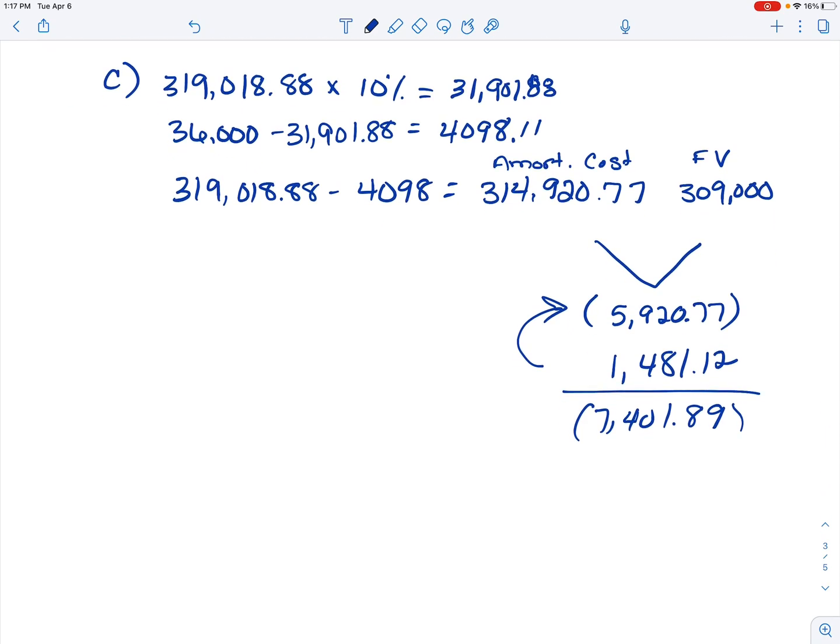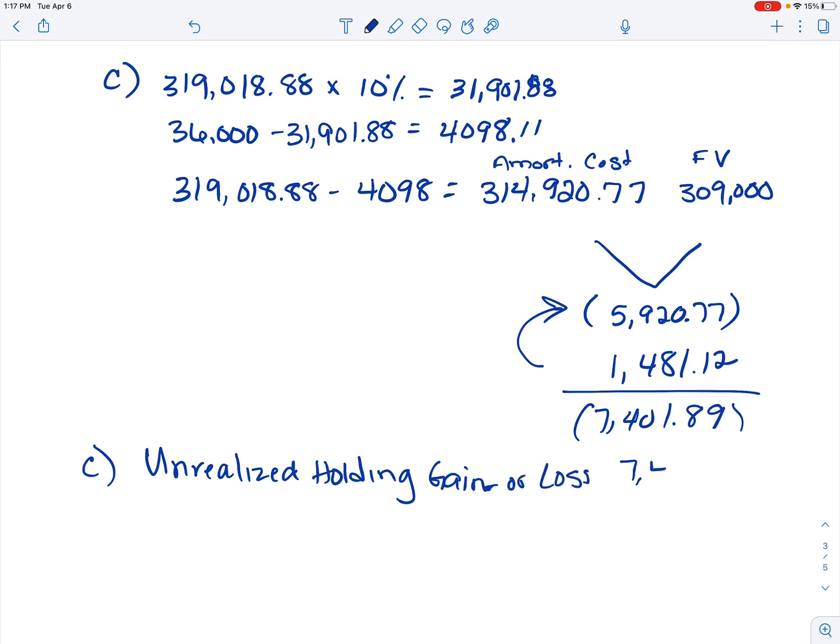That means I have to debit my unrealized holding gain or loss, again for that full 7,000 amount, and credit the fair value adjustment.